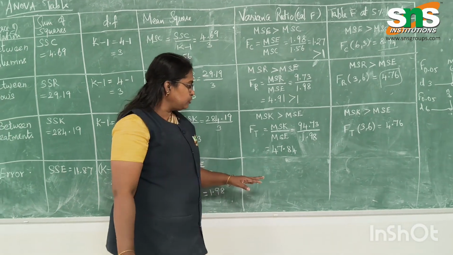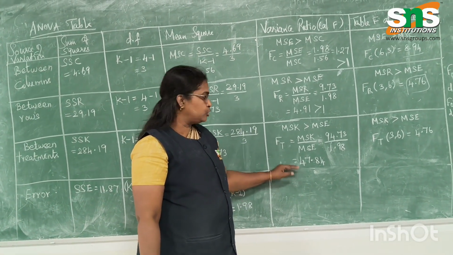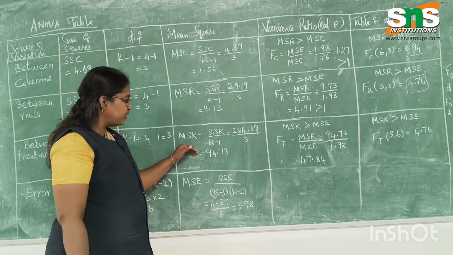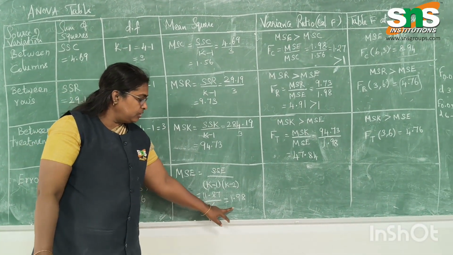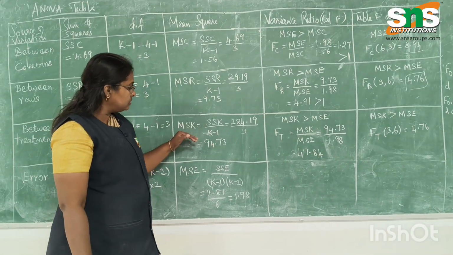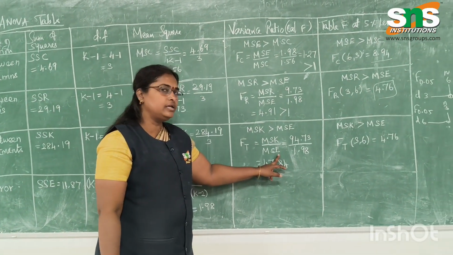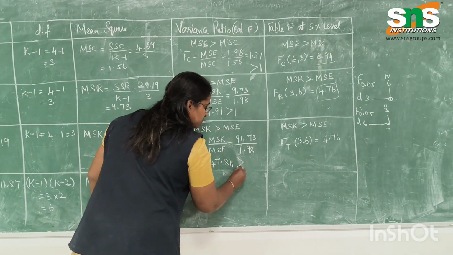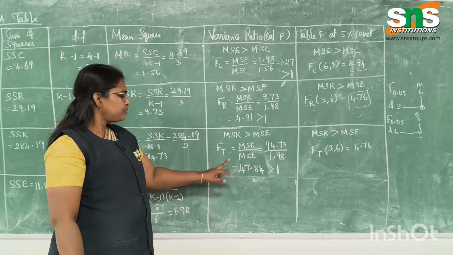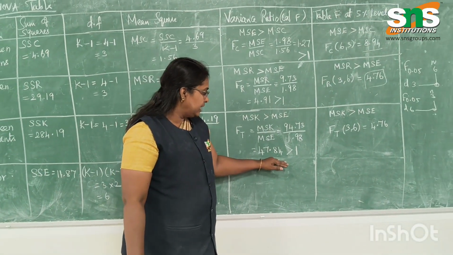Next I move on to the treatment. Same thing we continue with the treatment. Here we compare treatment and error: 94.73 and 1.98. Treatment is getting the higher value, so write it in the numerator and error in the denominator. Calculating this we get 47.84, which is greater than 1. This is the calculated value.